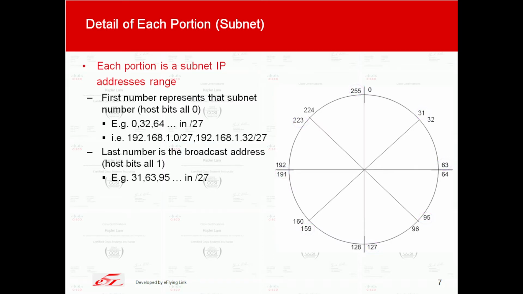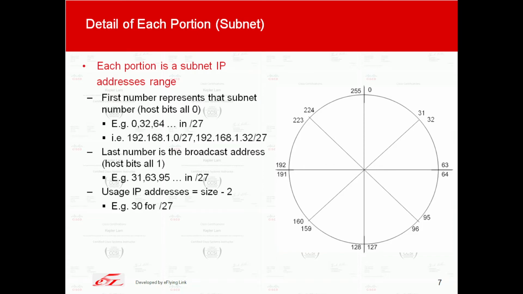as the first and the last addresses of each range have special purposes. The usable IP addresses of each subnet become the size of the range minus 2. For example, in the case of /27, in each subnet, there will be 30 usable IP addresses.